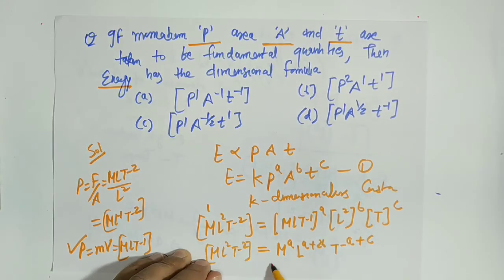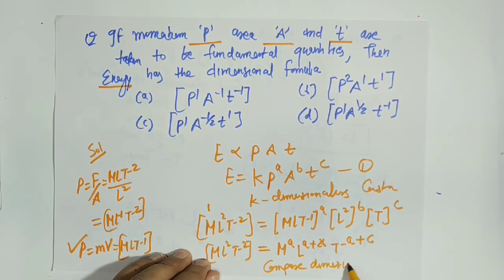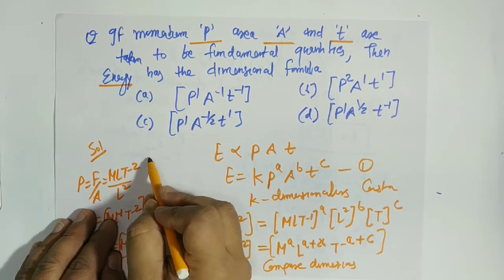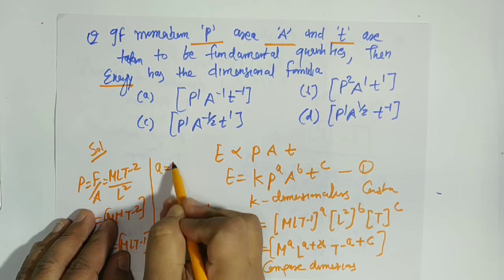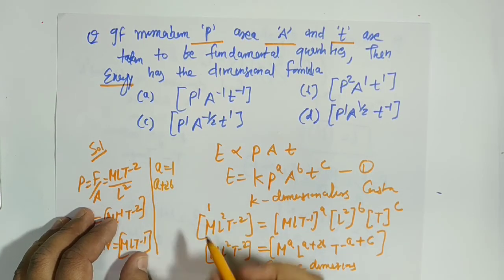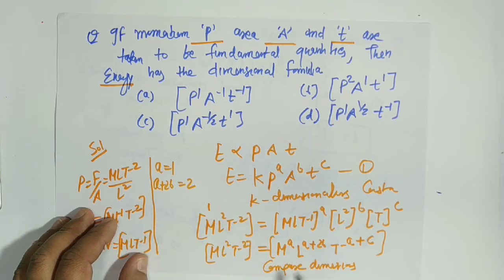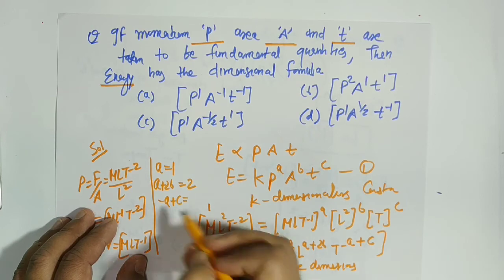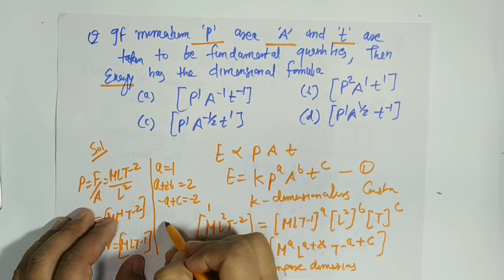Do you know what you do? Compare dimensions. So what is a here? a is 1. What is a + 2b? It is 2. And what is -(a + c)? It is minus 2.